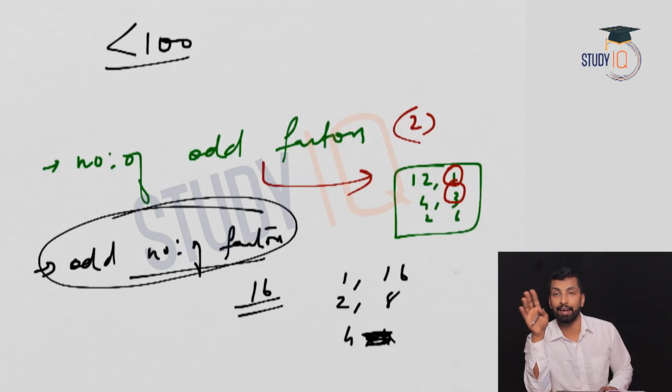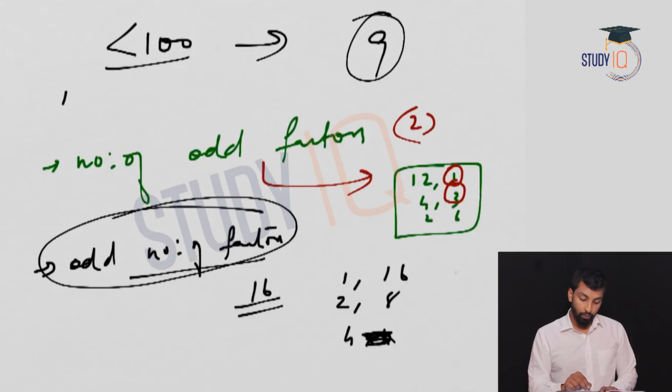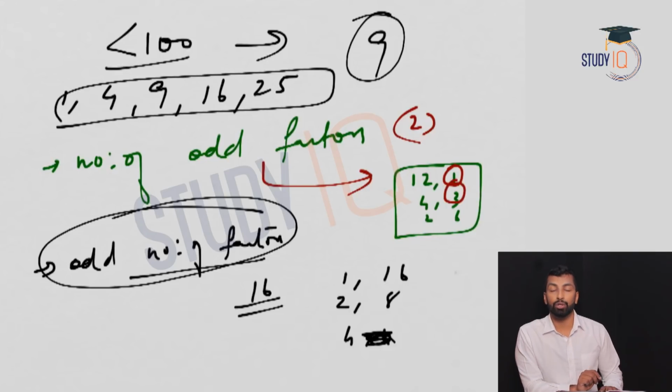Less than 100 means I can't take 10. So 9 numbers have an odd number of factors. What are the numbers? 1, 2 square 4, 3 square 9, 4 square 16, 5 square 25, etc.